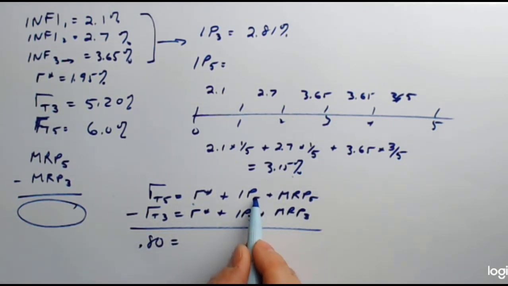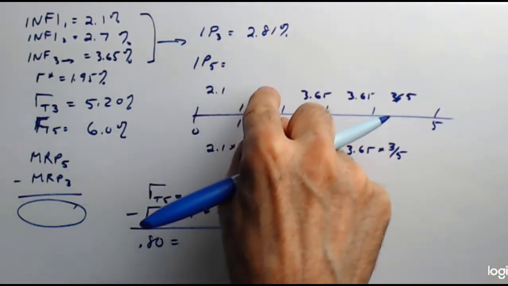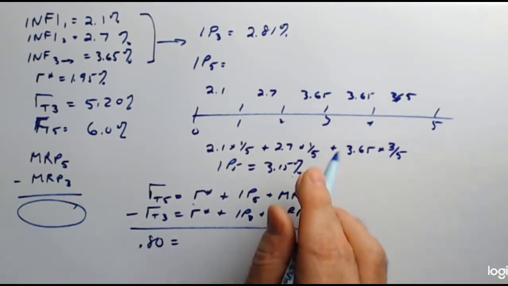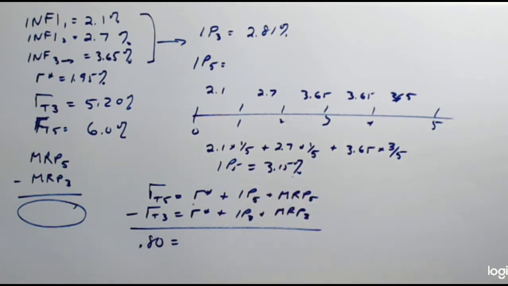And then the difference between the two inflation premiums here, this inflation premium, which is IP5, and here, the difference here is 0.34%.